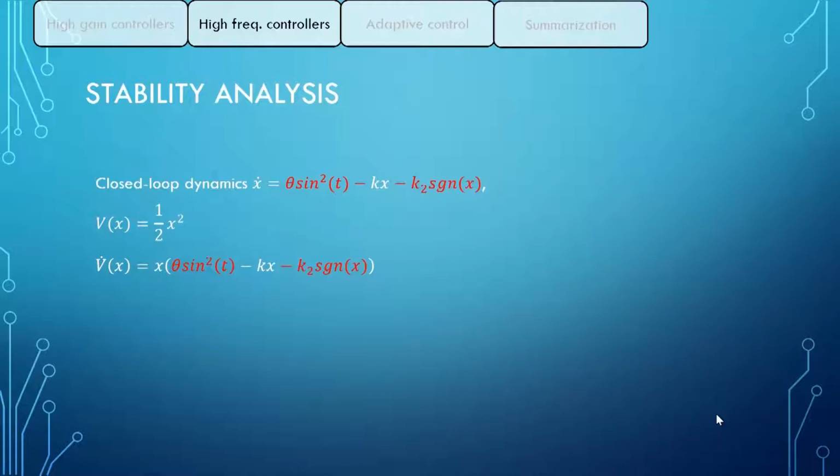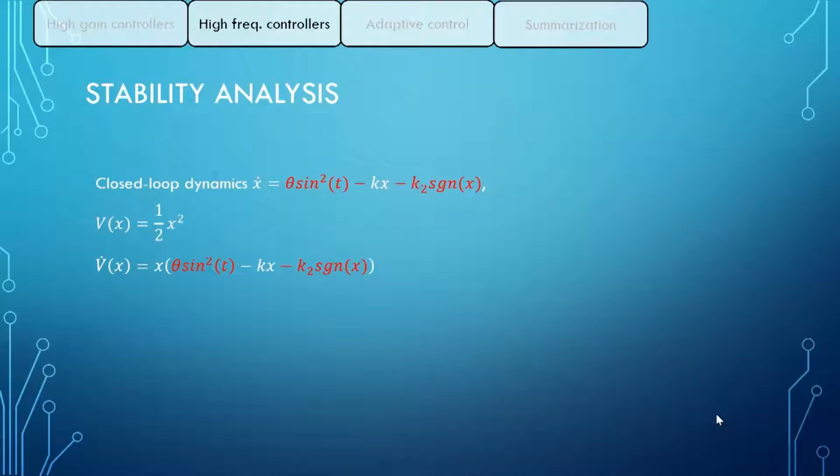Mathematically, a solution doesn't exist. But physically, it exists because there's no sign function physically. Everything is continuous. You cannot switch physically with infinite high frequency. So mathematically, there is some problem with this dynamics.